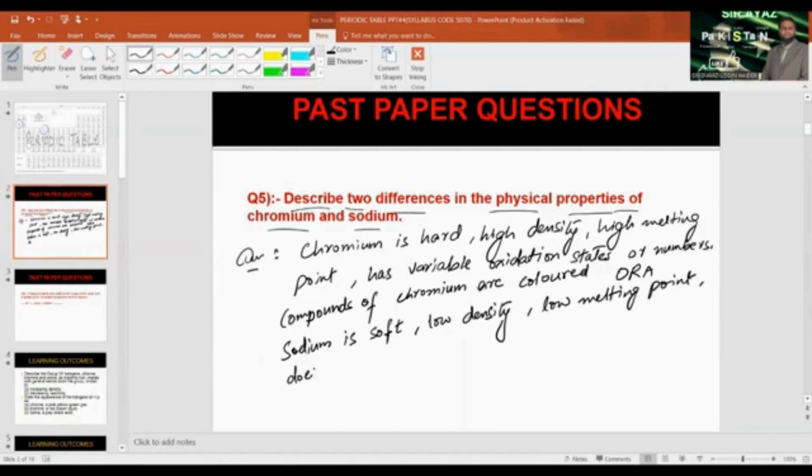Does not have variable oxidation number or oxidation states, or you can even write fixed oxidation number. Compounds are not colored.